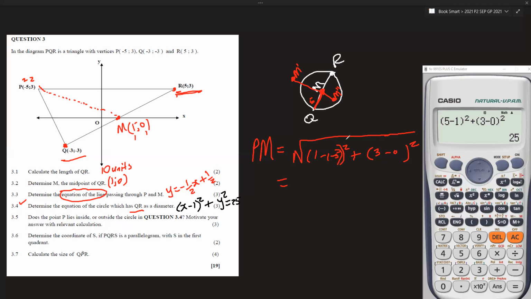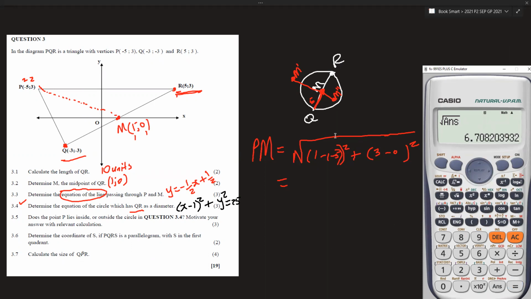Let's get the answer of PM, the distance from the center to P. Now this part here, I'm going to fix it. I'm going to delete this 2. Then I have 1 minus -5 squared, which gives me 45, and then the square root of the answer is 3√5.